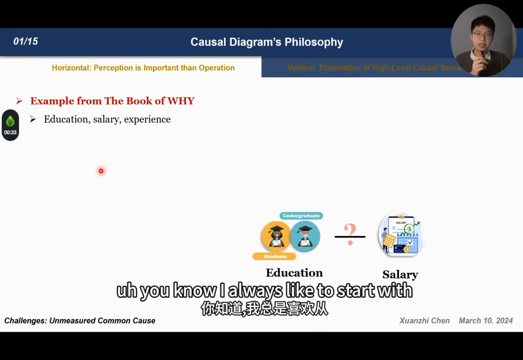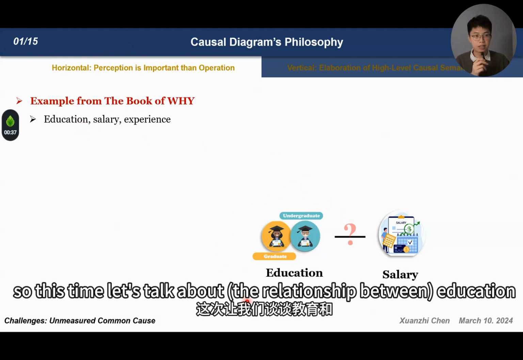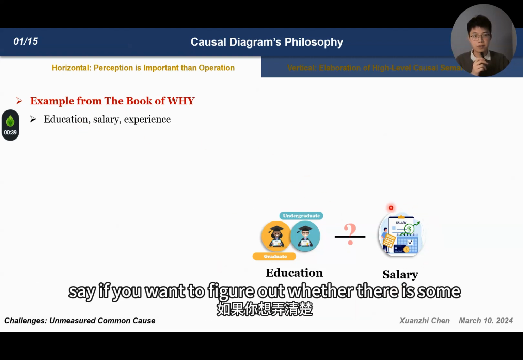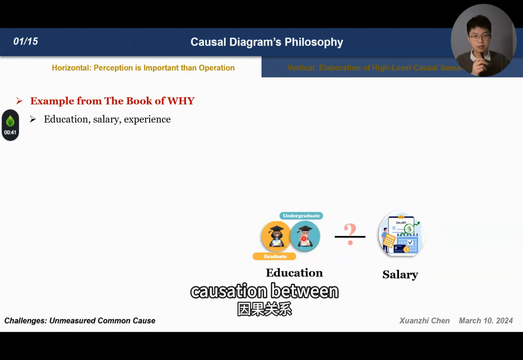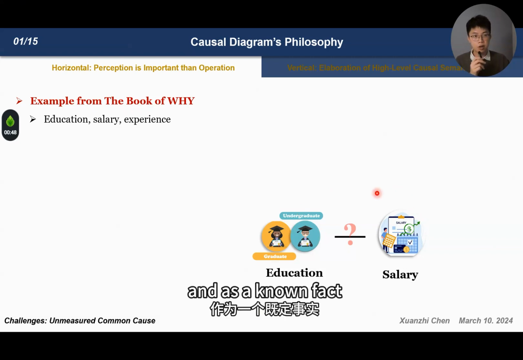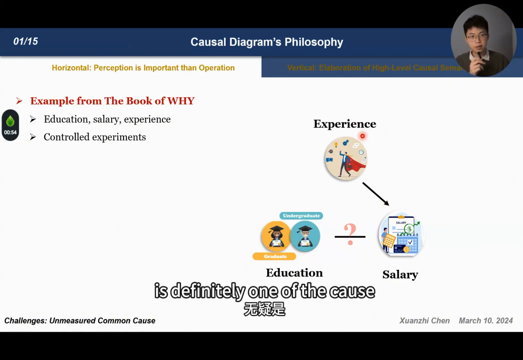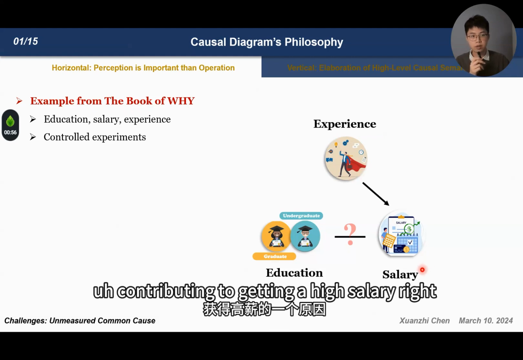I always like to start with an example from the Book of Why. So this time let's talk about education and salary. Say we want to figure out whether there is some causation between a higher educational degree and a higher payment of salary. As a known fact, a person's excellent working experience is definitely one of the causes contributing to getting a high salary, right?